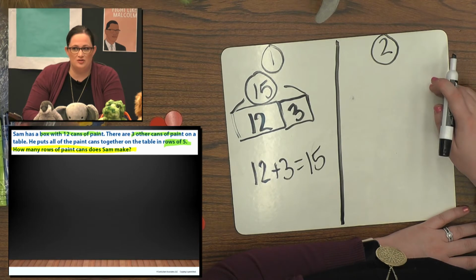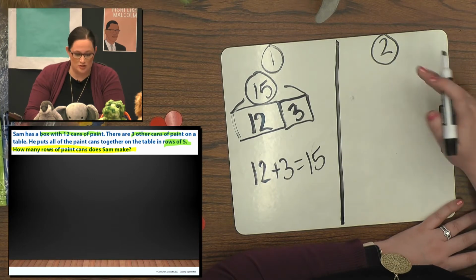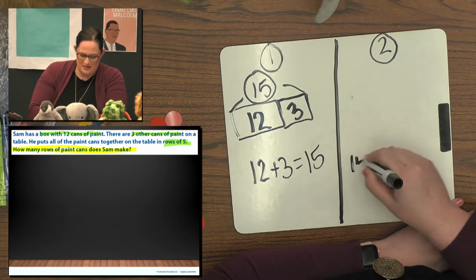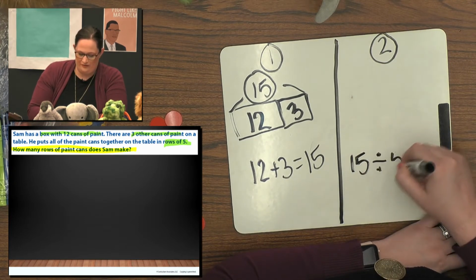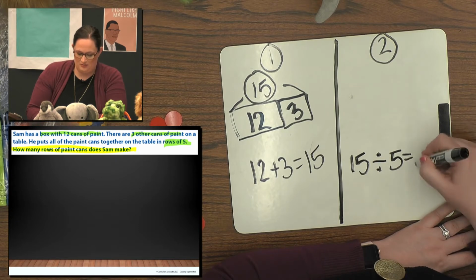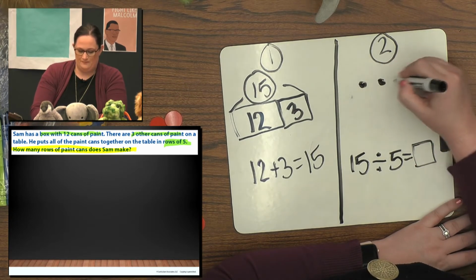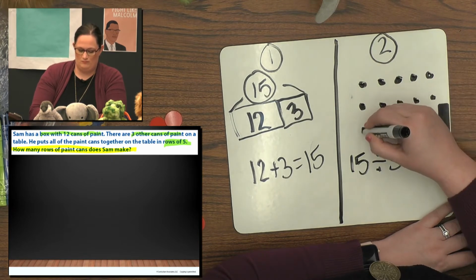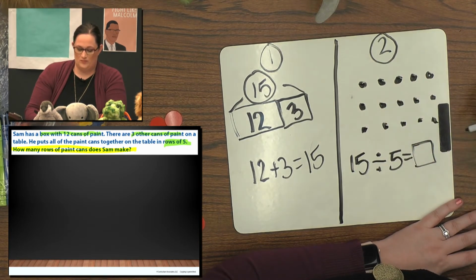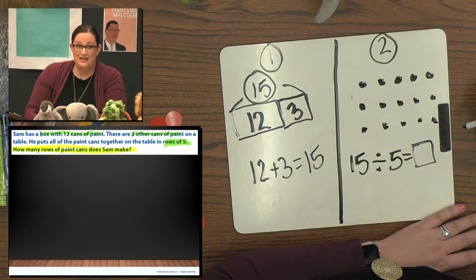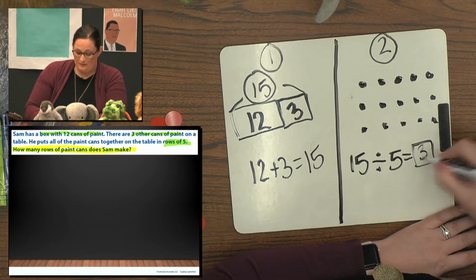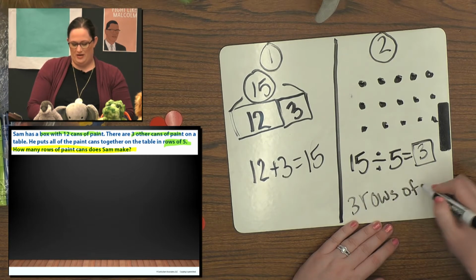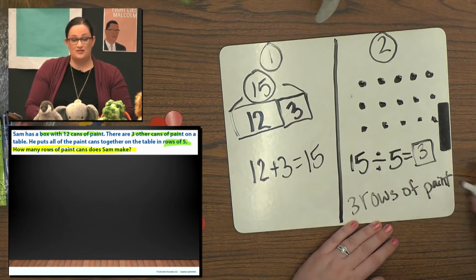What did Sam do? Yeah, Sam took those 15 cans of paint and put them into rows of 5. 15 into rows of 5 equals something. And how many rows did he get? 3 rows. There are 3 rows of paint. Is that the answer you got?